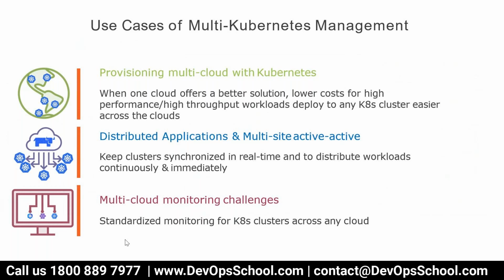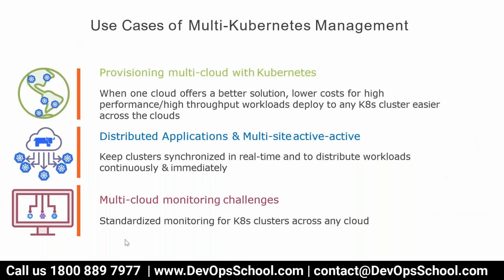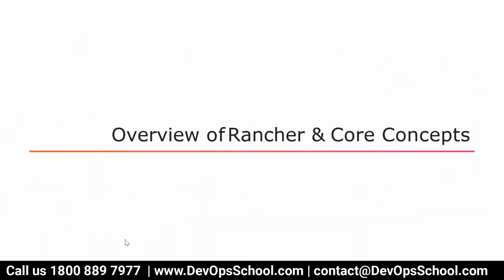Distributed applications and multi-site active setups: you can keep clusters in sync in real time and distribute workload continuously and immediately. Multi-cloud monitoring challenges are again solved by multi-Kubernetes management, with standardized monitoring for Kubernetes clusters across any cloud. That is where Rancher comes in and helps you get all these tasks done. So guys, did you understand what Rancher is, all of you?